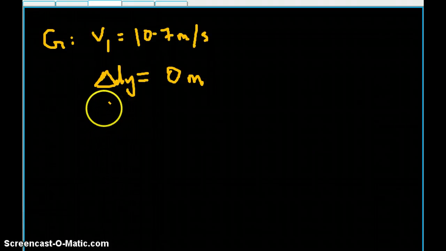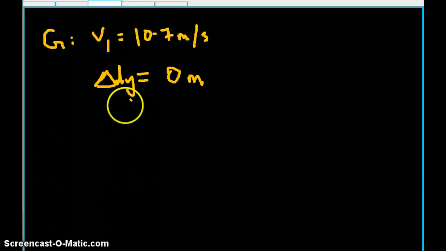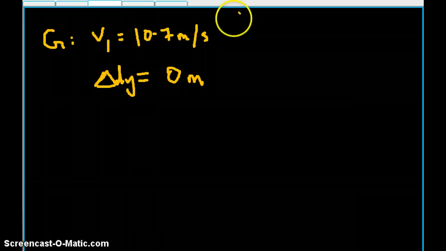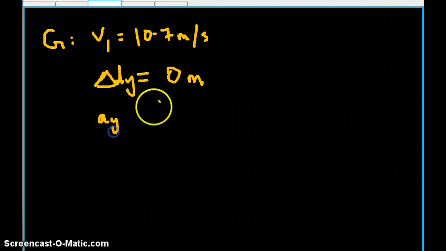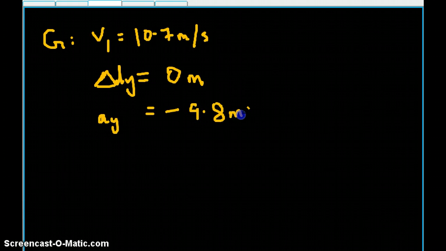Now it is in motion in the air, so there is obviously going to be a force of gravity, or acceleration due to gravity, I should rather say. So ay would equal negative 9.8 meters per second squared. And notice I write negative.